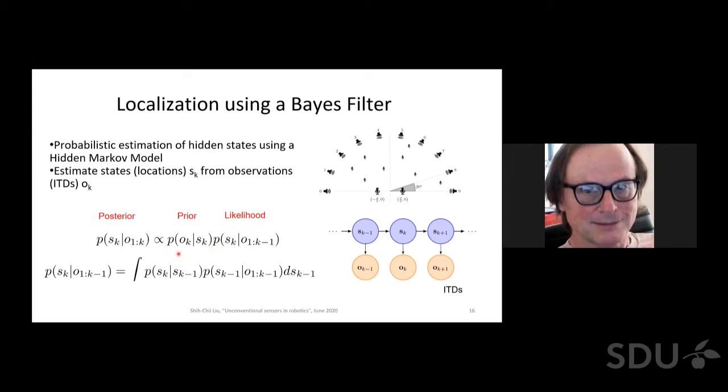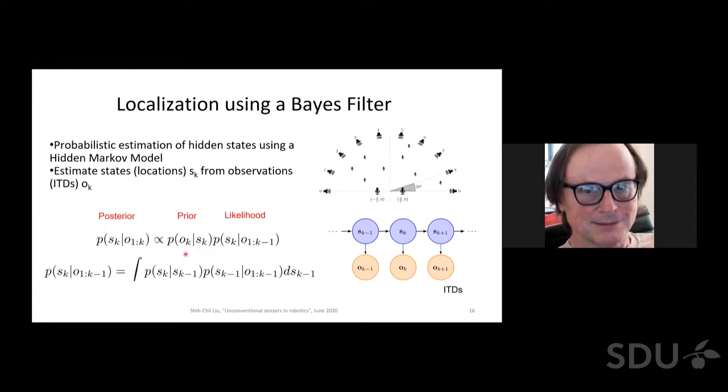Okay, and so the likelihood can be estimated as follows. Basically you integrate the probability of transitioning from the previous state to the current state, and also the probability of the previous state depending on all the ITDs that you get from the last K events, okay? So now what we need to do is to estimate the prior, right?